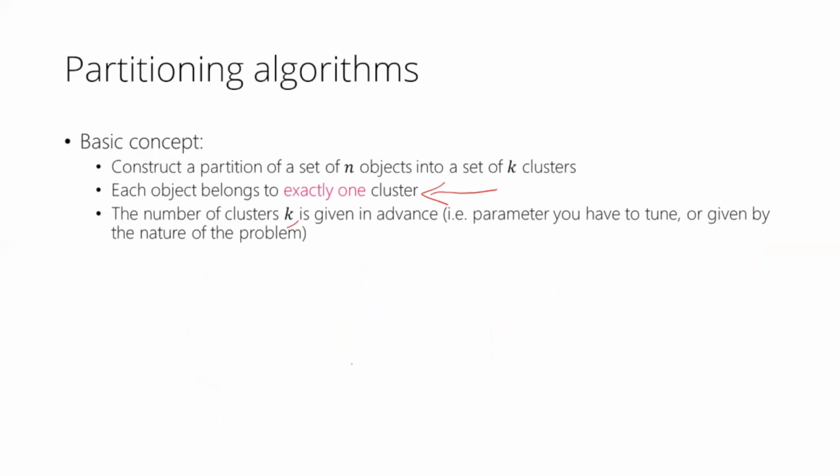Now, this is a tricky part, the number of clusters. Usually it's given in advance. It's usually the parameter that you have to fine tune. Sometimes by the nature of the problem, the k is given already. But nonetheless, many of the clustering algorithms require you to specify the number of clusters. There are exceptions, in fact.